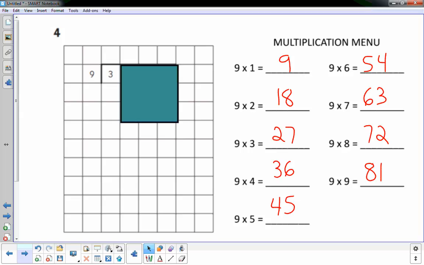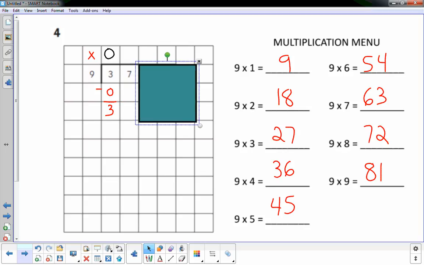3 divided by 9. You can't do that. It says 0. I'll make it a slightly different color up there. 0 times 9 is 0, right? So 3 minus 0 is 3.